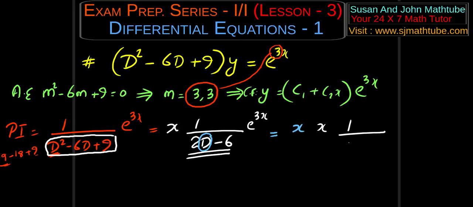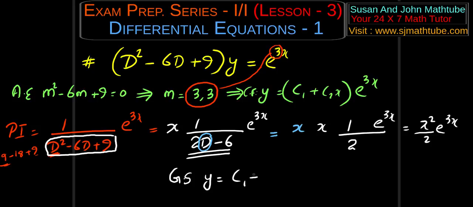So you get 2 into 1 − 0, e^(3x), and that is x²/2 e^(3x). Now the general solution as always is CF + PI, that is (C1 + C2x) e^(3x) plus, where is our PI? Yeah, x²/2 e^(3x).